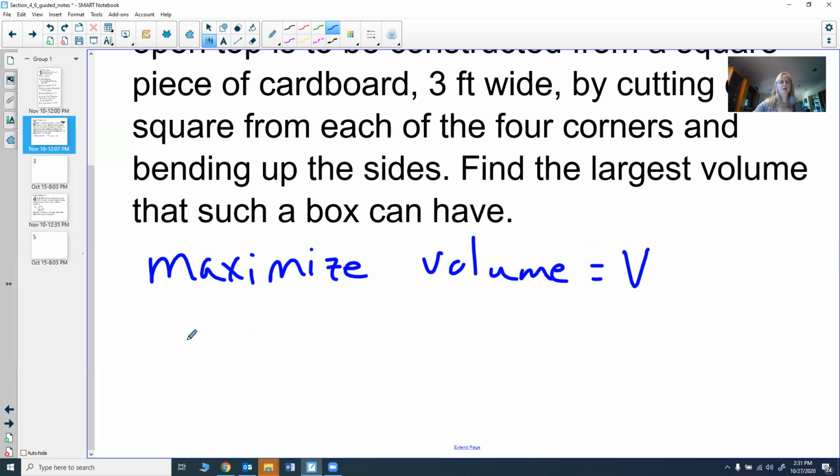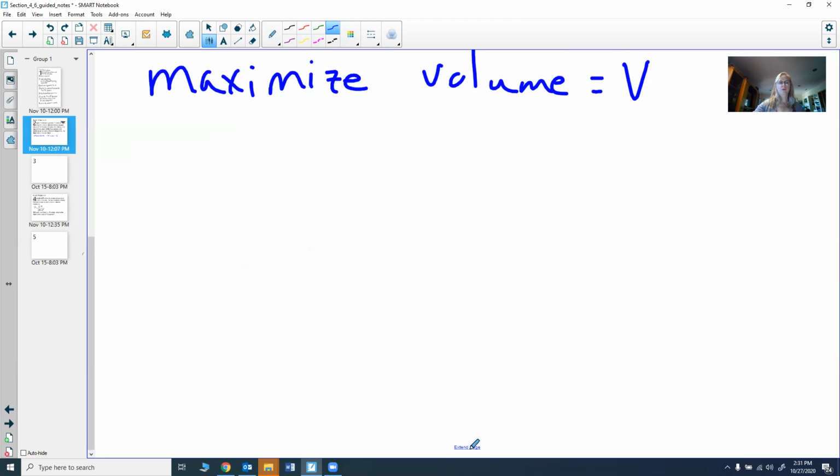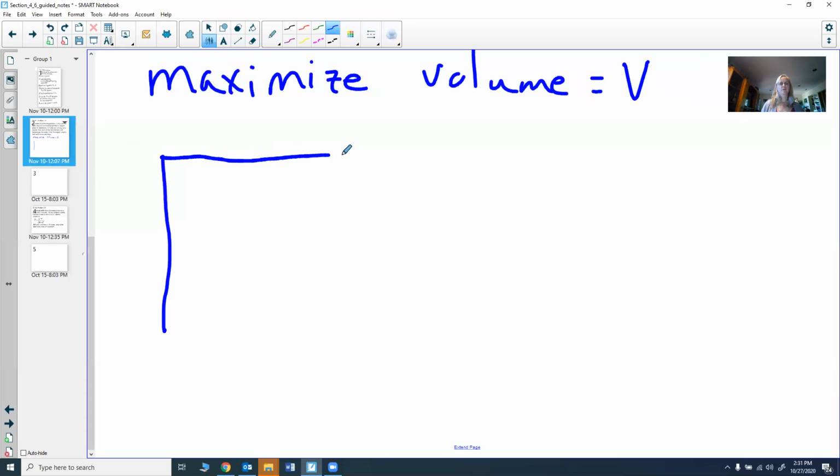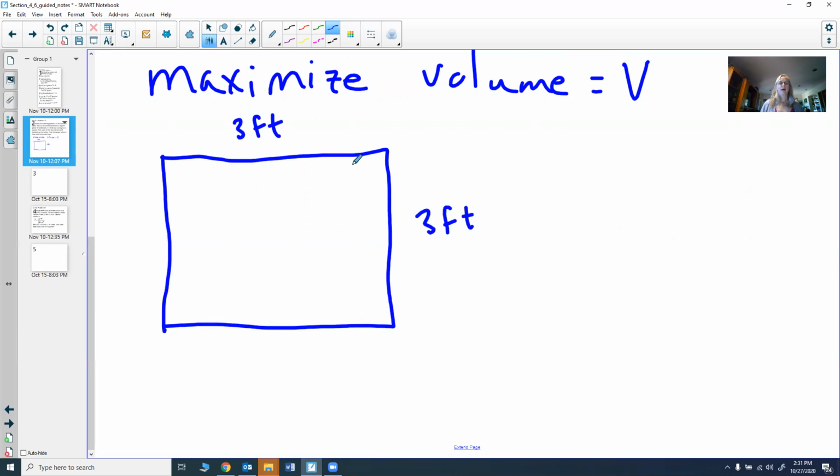And again, a picture would be very helpful. I have a square. So let's go look at that square. Let's go draw a square. So here's my square. It's 3 feet wide. Because it's a square, it's also 3 feet long. And we're going to cut out squares from each one of the corners.